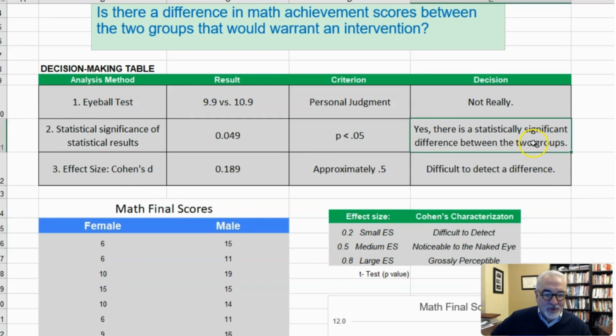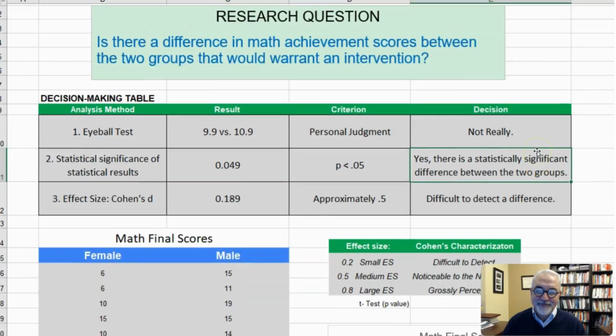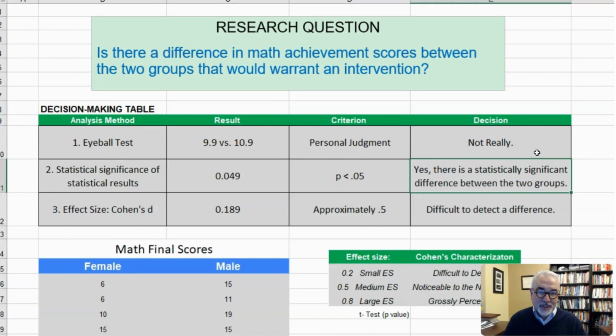The only one that does stand out and says, yes, there's a statistically significant difference is our actual p-value from our t-test. So the answer to this question, from my judgment, would be there really isn't a difference in math achievement scores between the two groups that would warrant an intervention.